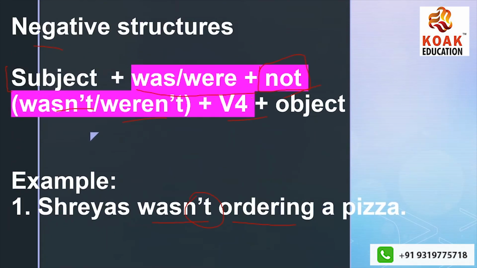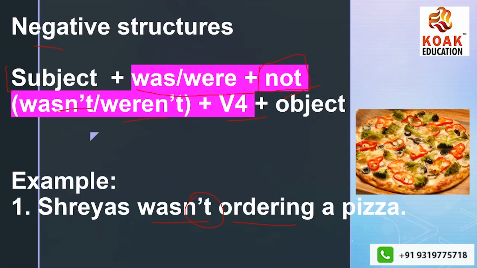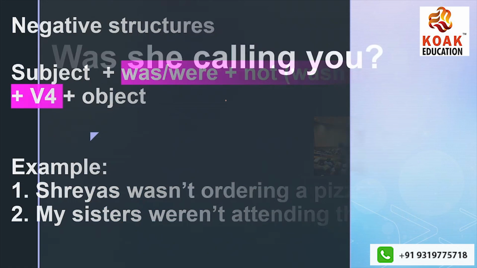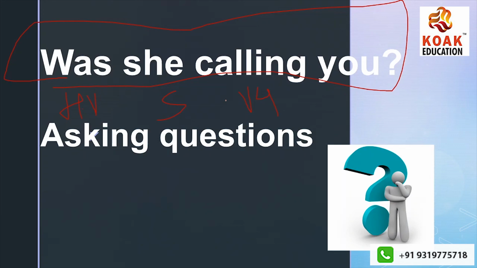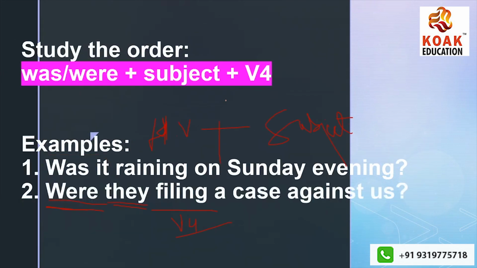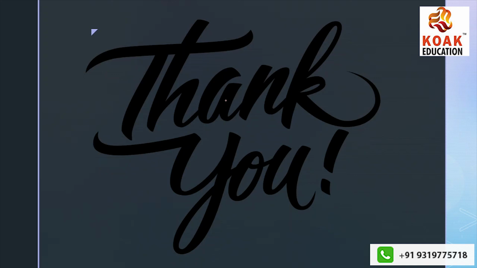Apart from negative structures, it was really simple: you just have to use was or were, plus the ing form of verb, with the object or complement. It is that simple. So this was past continuous tense that we have just completed. I want you all to work on these questions that I have given you. We would discuss them. If you have doubts, we can have a discussion. If not, we can move ahead.